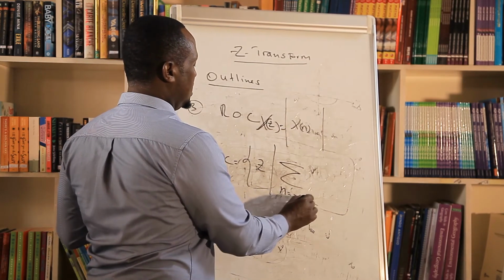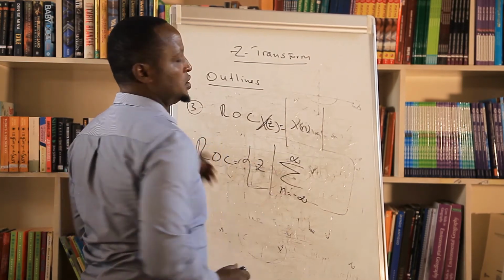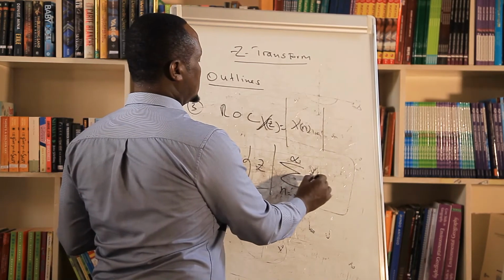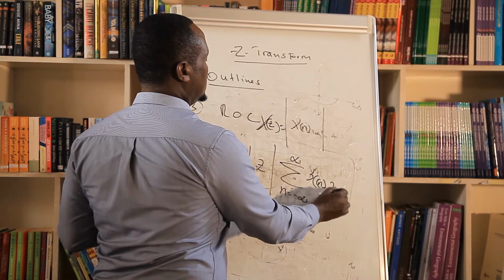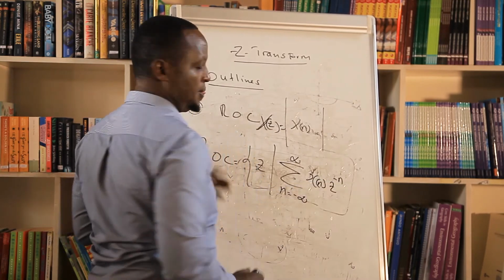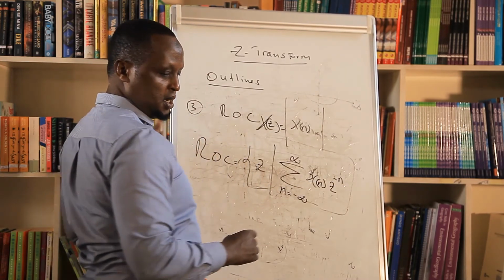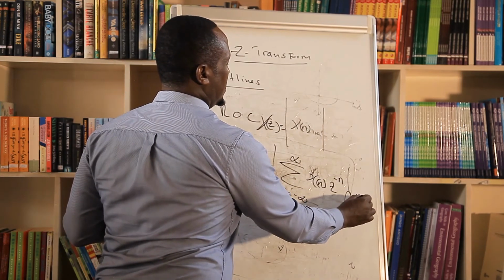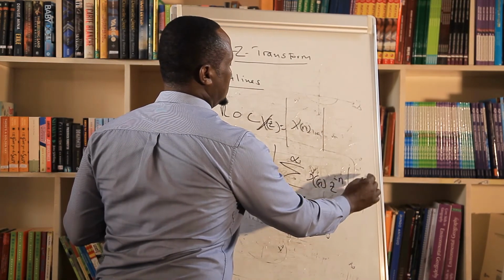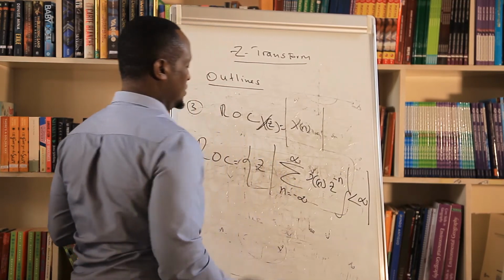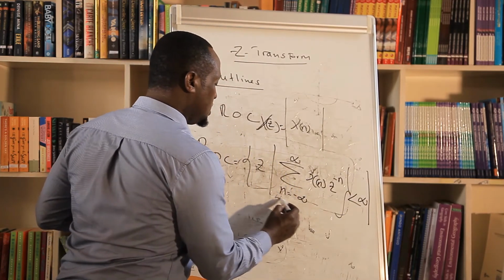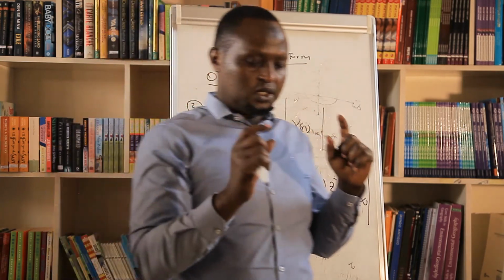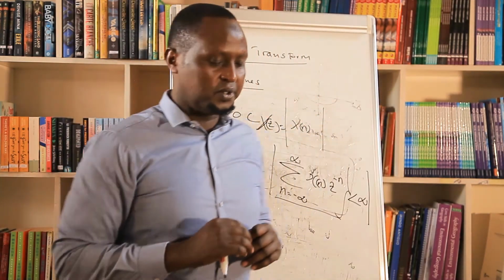This is double-sided. Remember, double-sided looks like that. Then x of n z to the power negative n, where it is less than negative infinity, for example, and then you enclose. So any value obtained here is going to be enclosed in those values.